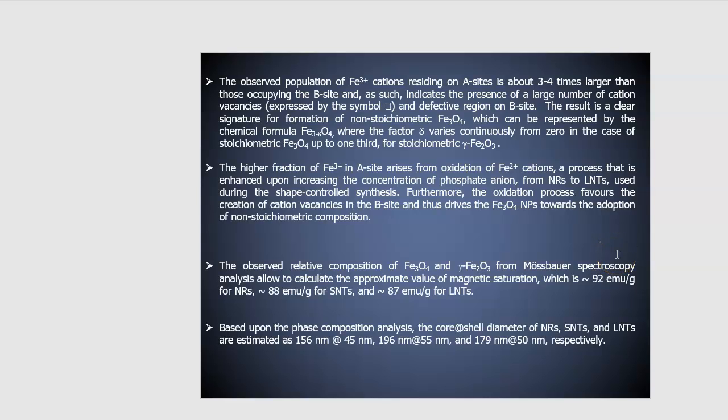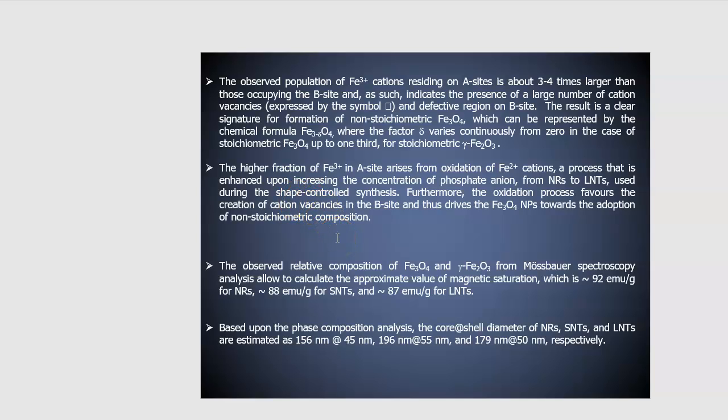This indicates the presence of a large number of cation vacancies and defective regions on the B site. The result is a clear signature of formation of non-stoichiometric iron oxide, which can be represented by the chemical formula Fe3-δO4.